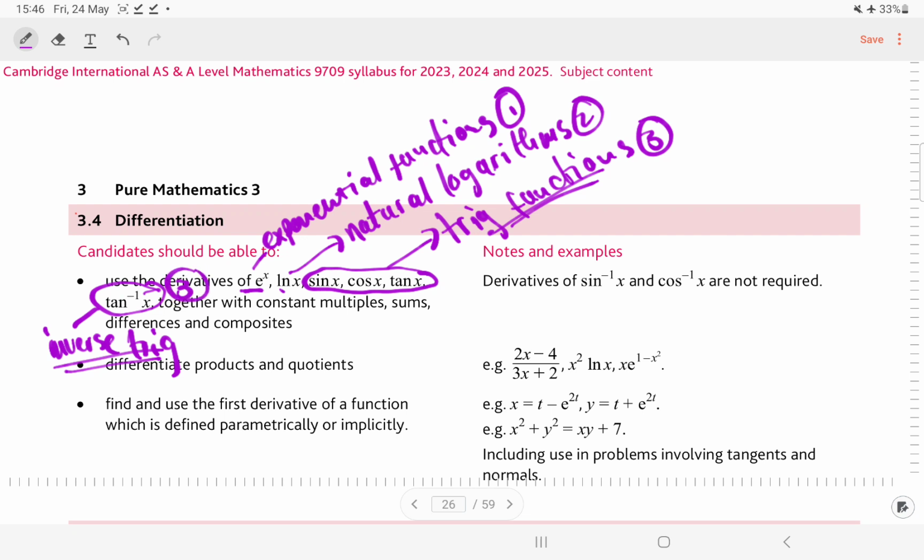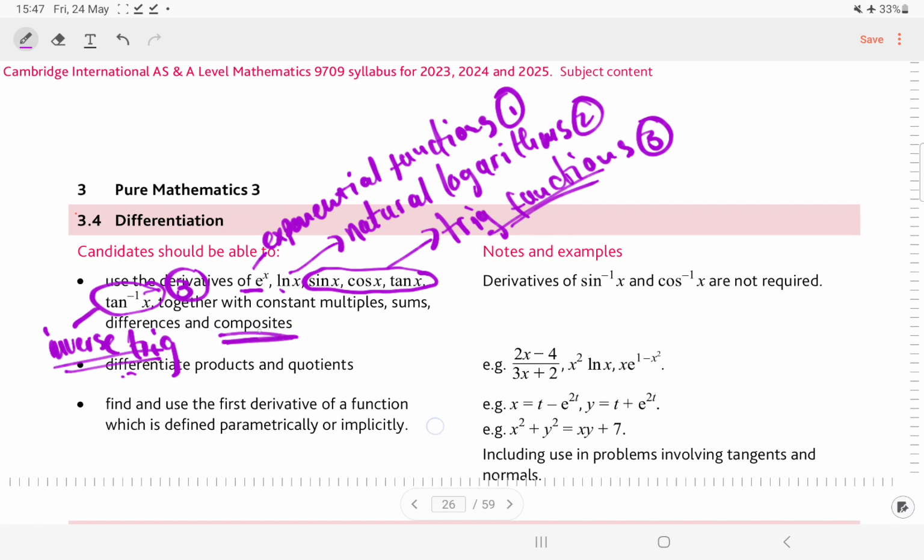If you're done with that, is this the end? No. Look at this one. They said together with constant multiples, sums, and so on. Constant multiple means if I now put a 2 in front of ln x, you must be able to still differentiate it. Whatever number I put, or if I add them, say 2 ln x plus 5 ln 3x, you must be able to do them.